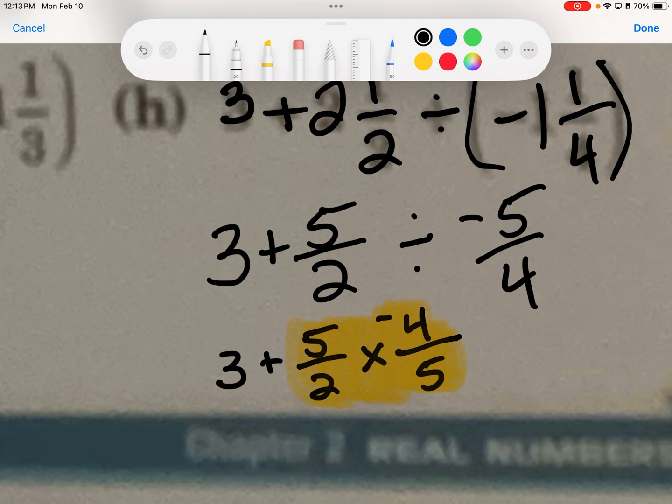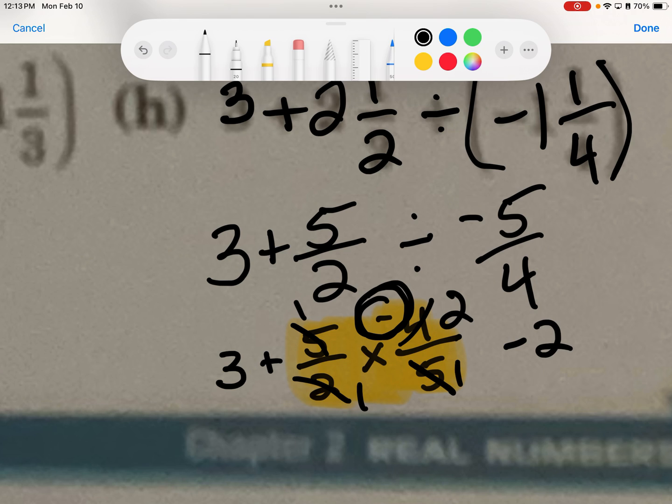Mike is right, 5, 5, that's 1 and 1, and then we end up with 1 and 2. Don't forget our negative hiding right here. So it's negative 2 plus 3, which equals 1. So 3 plus negative 2 equals 1.